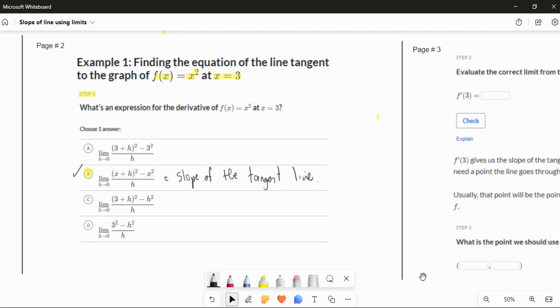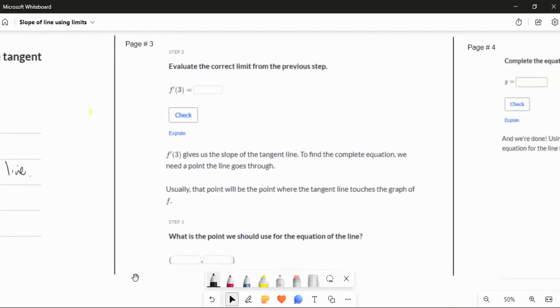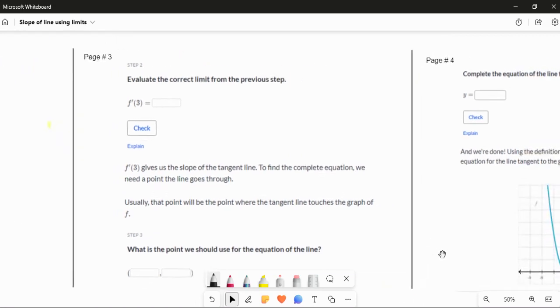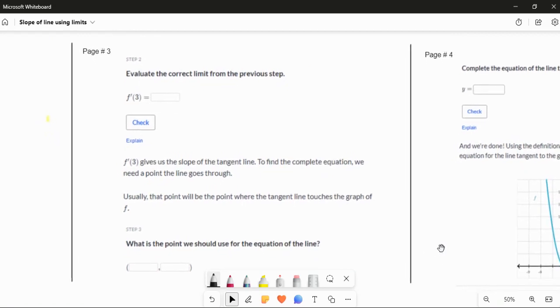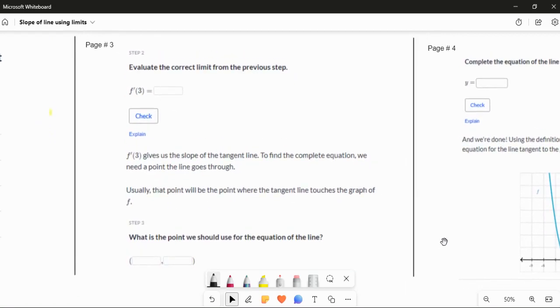Now, let's see. Let's evaluate the correct limit. How do we do that?